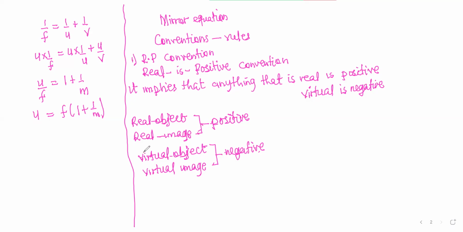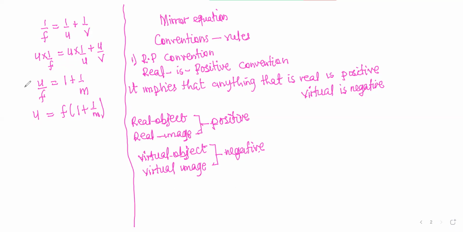So all real measurements are positive, all virtual measurements are negative. If the thing is real, then it must be positive. If it is virtual, it must be negative accordingly.